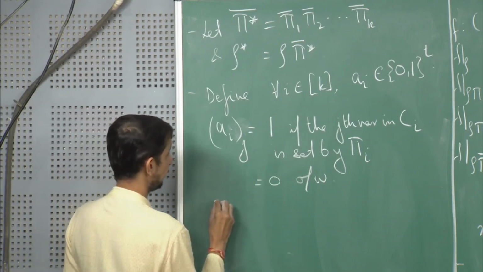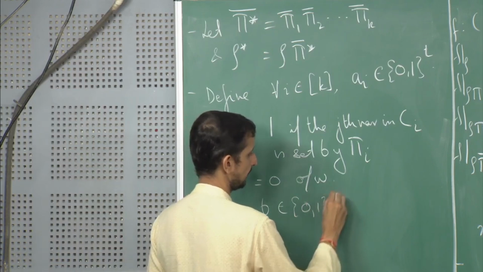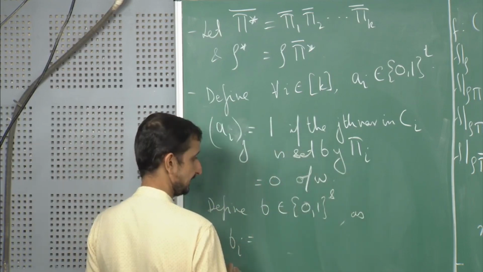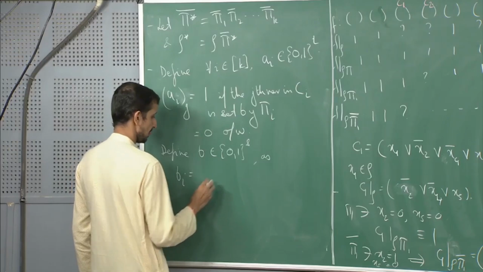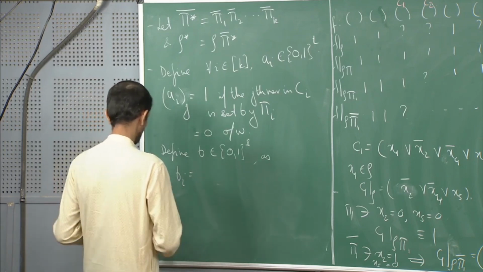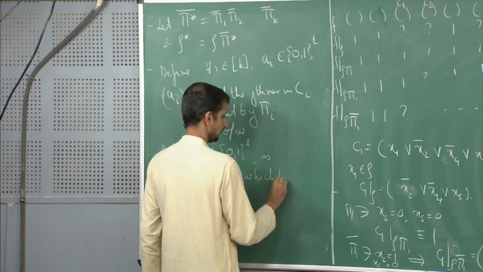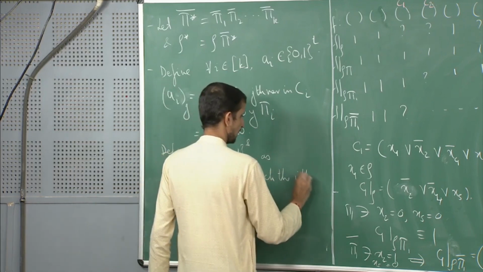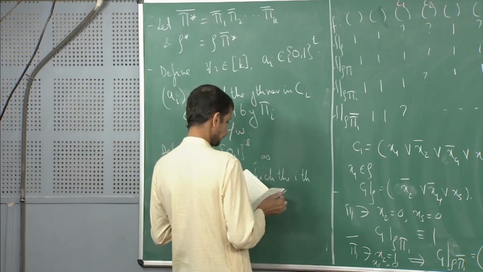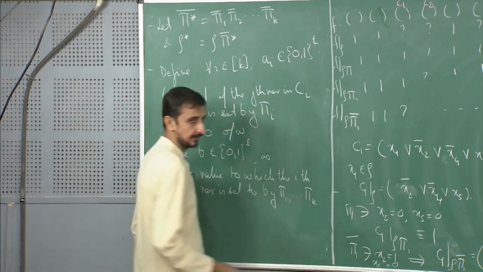I will also define another string b belonging to {0,1}^s, where b_i is equal to the value to which the ith variable is set by pi 1 up to pi k.